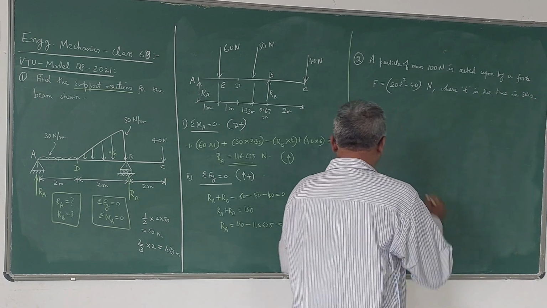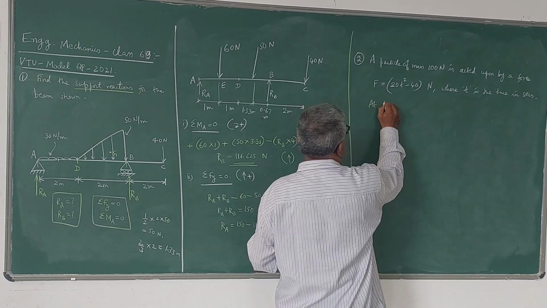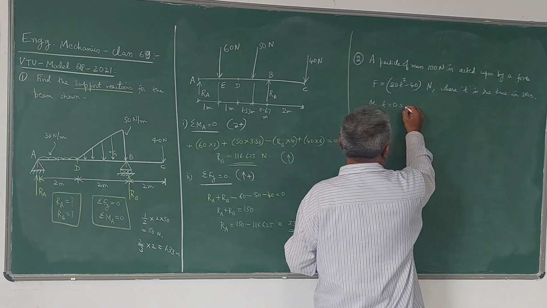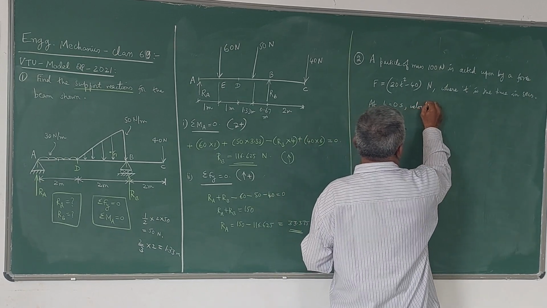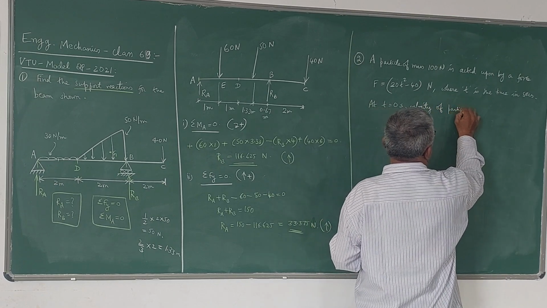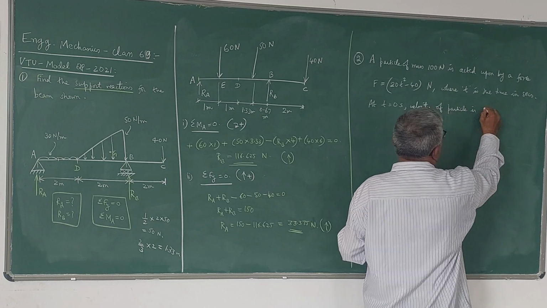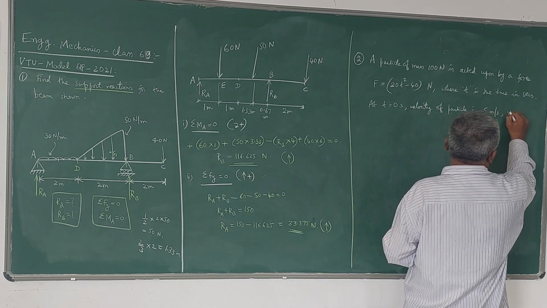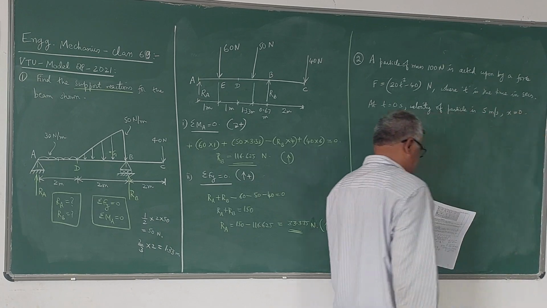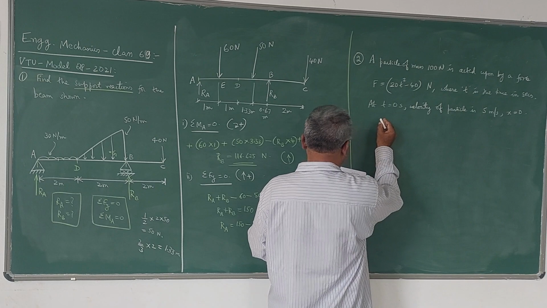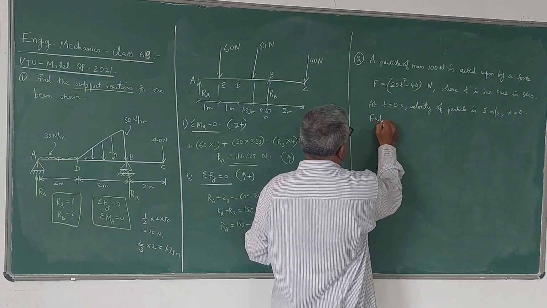At t equal to 0 seconds, the velocity of the particle is 5 meters per second, and also x is equal to 0, meaning the displacement is 0. Find the velocity and position of the particle at t equal to 2 seconds.